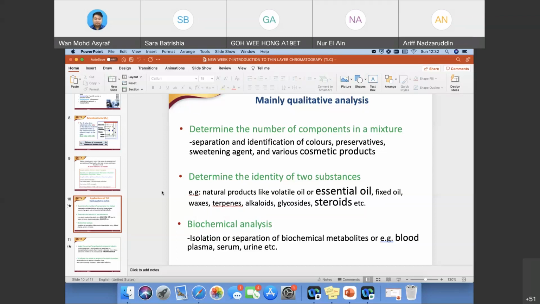So it means that these two spots have the same Rf value. So we can say that these two spots are the same thing. So you can say that your unknown is the lemon oil, the standard that you have, right?